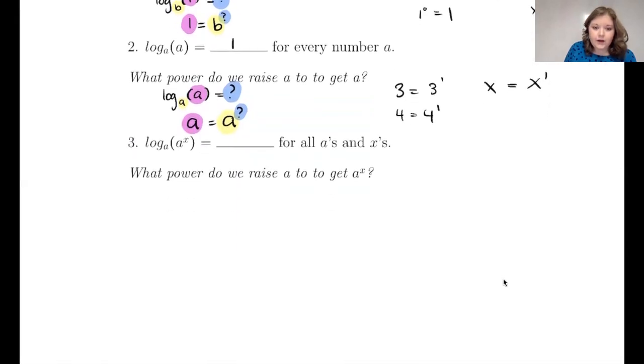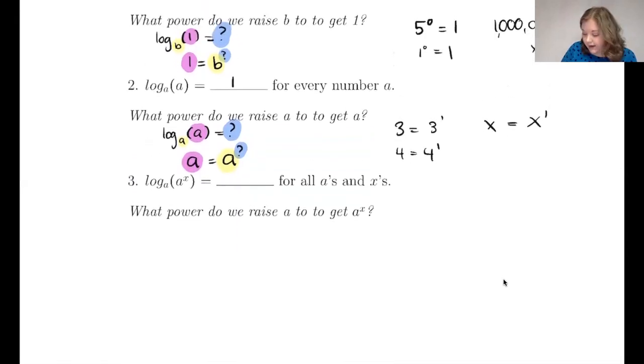So now the third property would be, what if you had the base and then the inside is the same base but raised to a power of x. So log base a of a to the x equals something. We need to figure out what that something is.